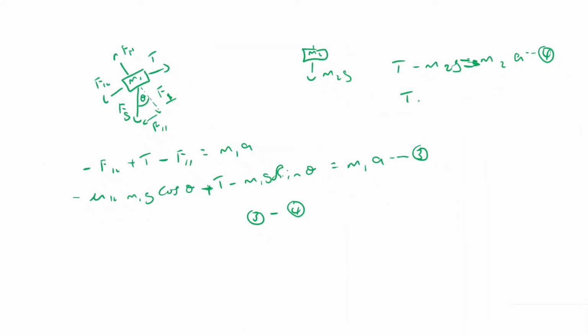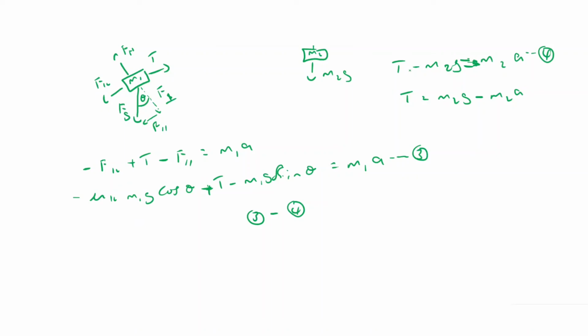You can just say T is going to be equal to m2g minus m2a, and then take that value and substitute it into equation number 3. I prefer to do it like this. You are still doing the same thing effectively.